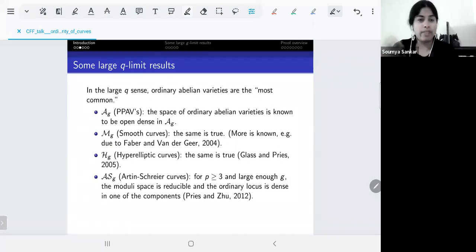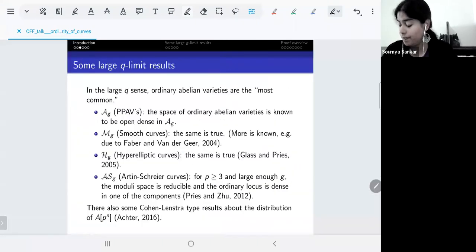Those are some geometric results which, at least the first three, seem to indicate that ordinary abelian varieties are the most common in the large q sense. There are also some Cohen-Lenstra type results about the distribution of the p^n torsion group scheme of an abelian variety, due to Achter from 2016.